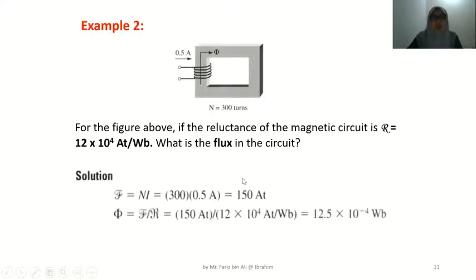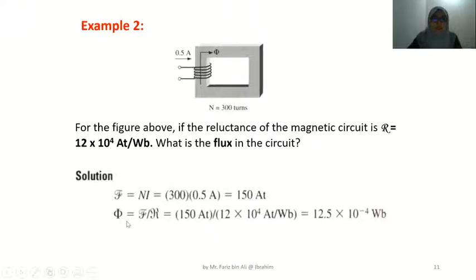Using the previous formula, the F is equal to NI. So you put N with 300 turns, and the I is given as 0.5 ampere. So you will get the F as 150 ampere turns.